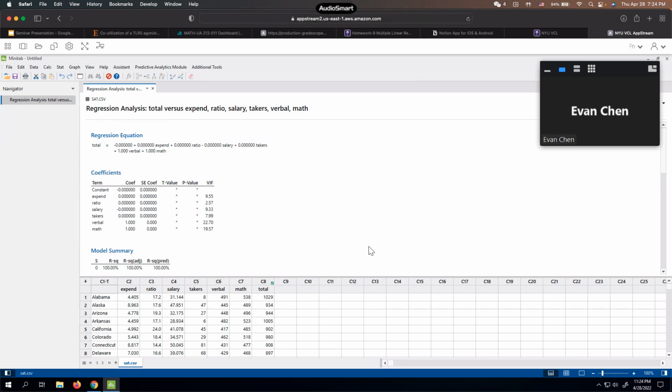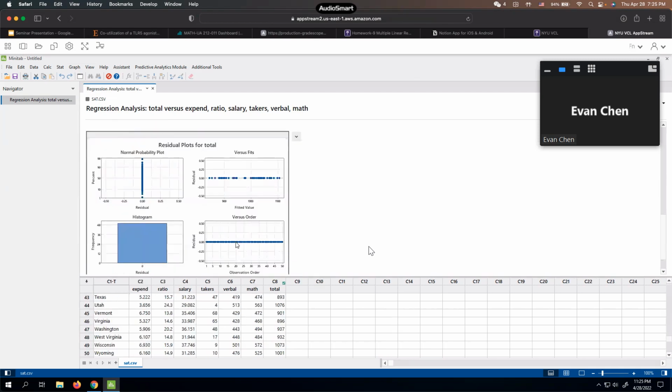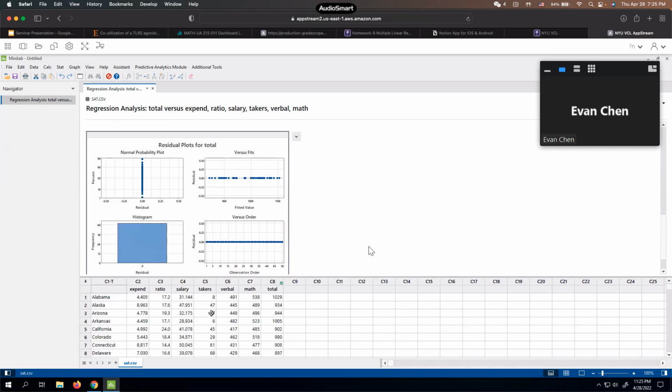You have expend, which could be a potential parameter. You have ratio, salary, takers, verbal, math. So you do expend versus total, then ratio versus total, right? You just want to get a common sense of the relationship between one parameter and your total SAT score.